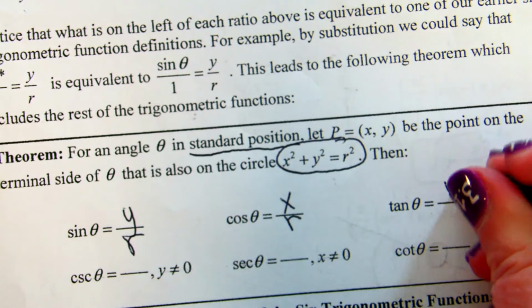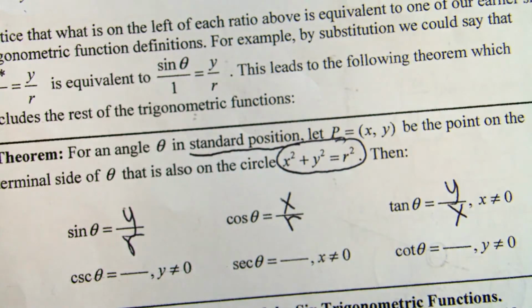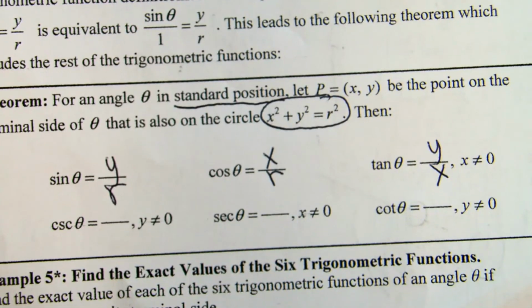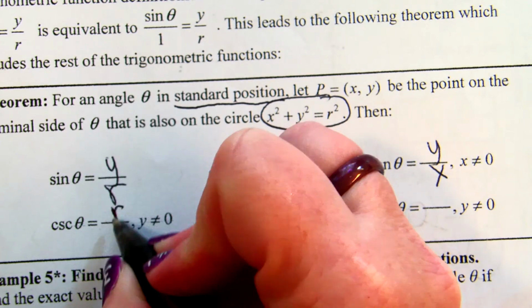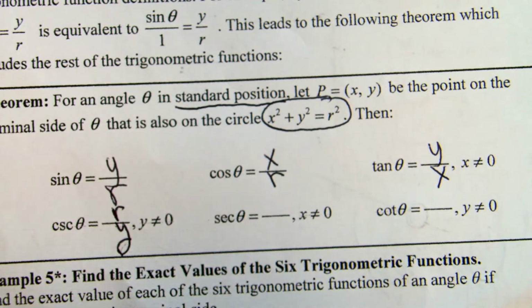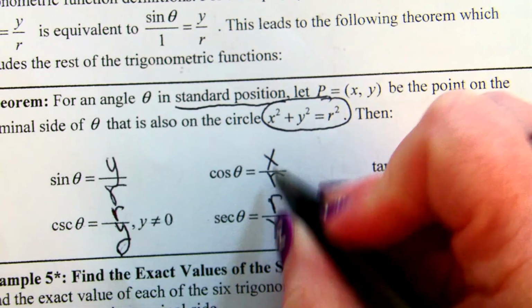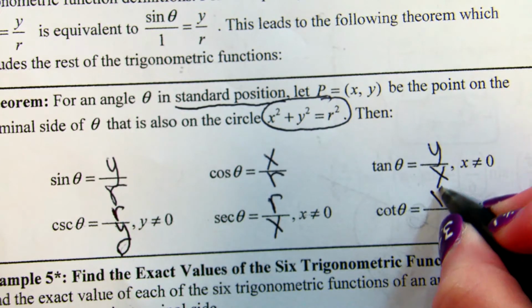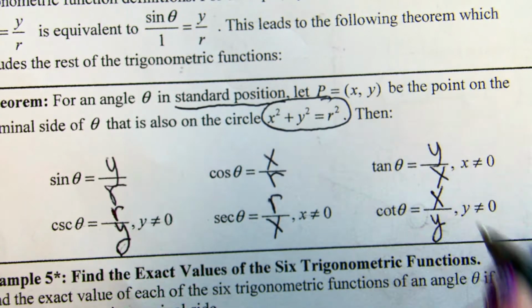Tangent is y over x, where x is not 0. Cosecant is the reciprocal, r over y. Secant is r over x, reciprocal. Cotangent is x over y.